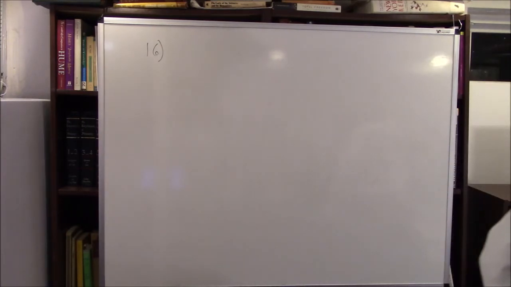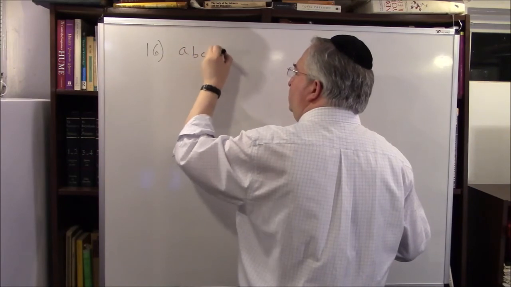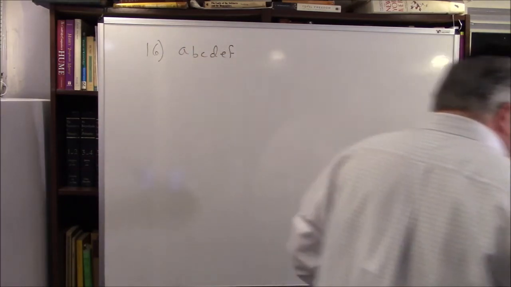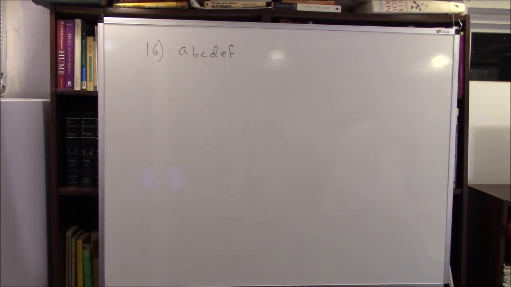In how many ways can the letters A, B, C, D, E, F be arranged so that the letters A, B are next to each other? There are 6 letters.